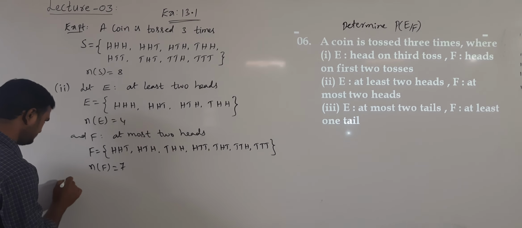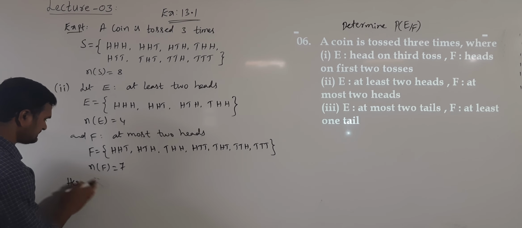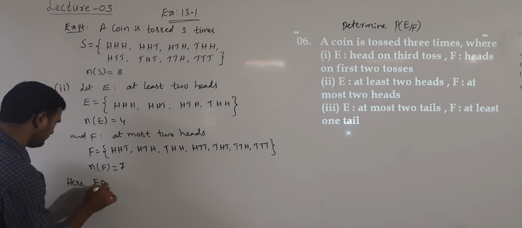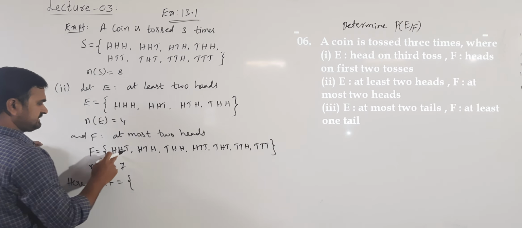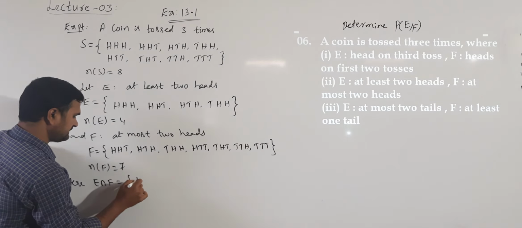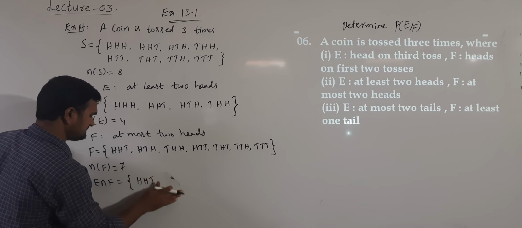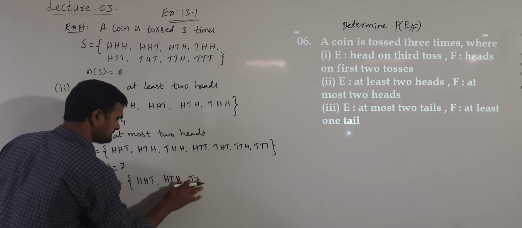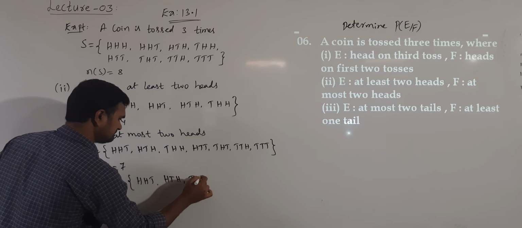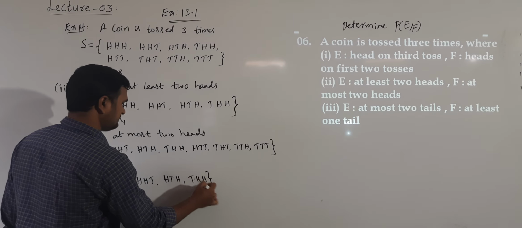Now we need intersection. So what is E intersection F event? Common elements to E and F. What are common elements? HHH is not there, HHT is there, next HTH is there, next THH. Now no other elements are in common.